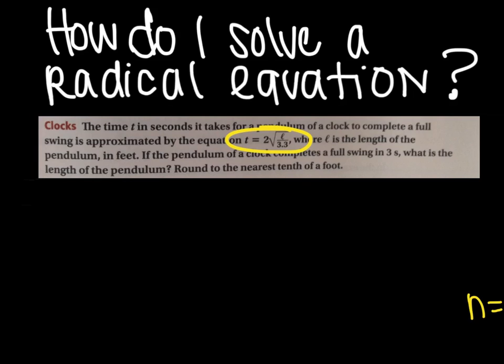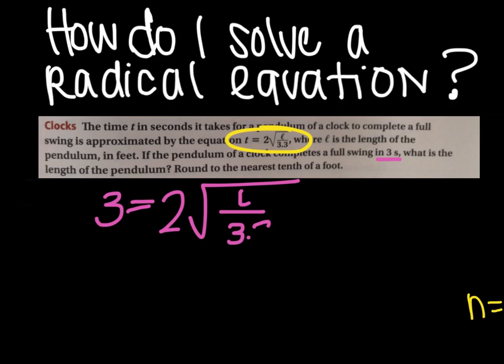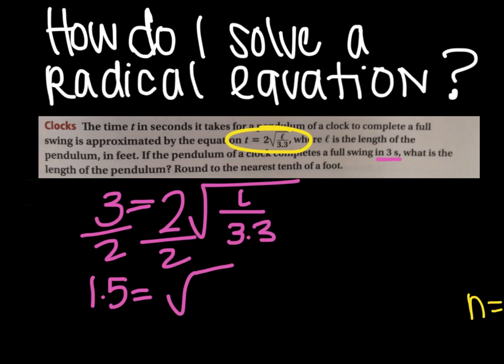And so that we're going to take that, and then it says 3 is your time. So 3 equals 2 square root of L over 3.3. And you're going to divide each side by 2 because we want to isolate that radical still. So now I have 1.5 equals square root of L divided by 3.3. And then to get rid of the square root sign, we have to square.